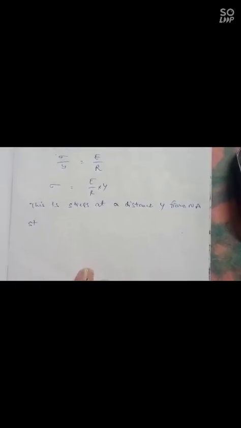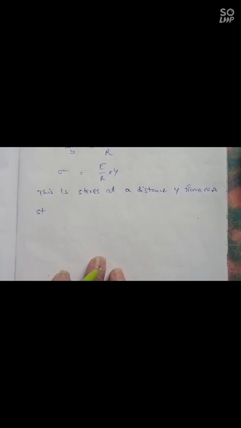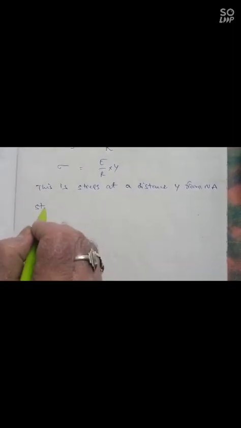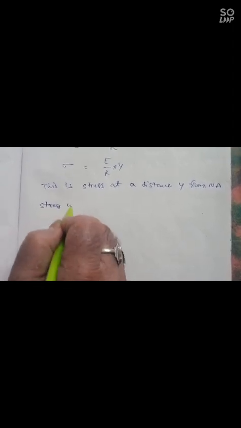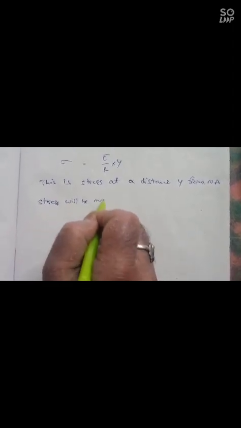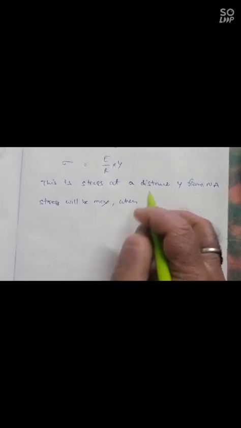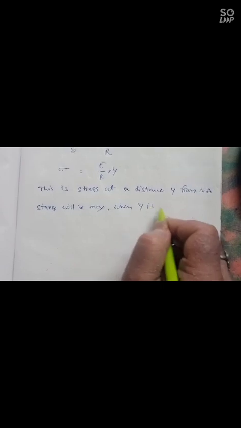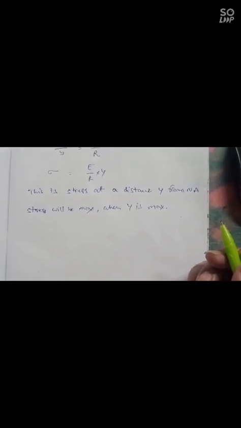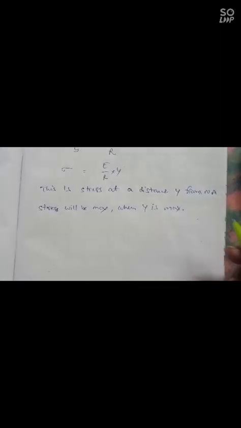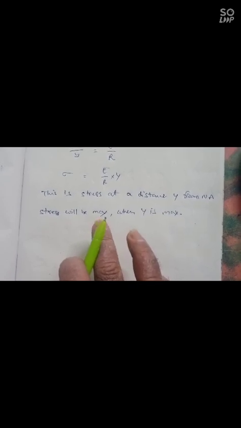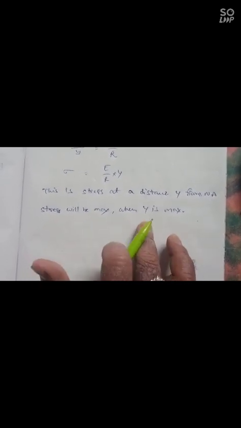So we have to find the maximum stress. Stress will be maximum when y is maximum. I have already told you that stress is proportional to y. So if stress is maximum, y is maximum.